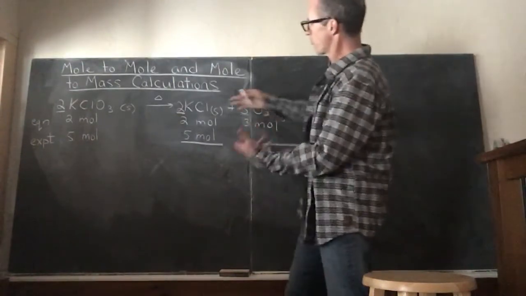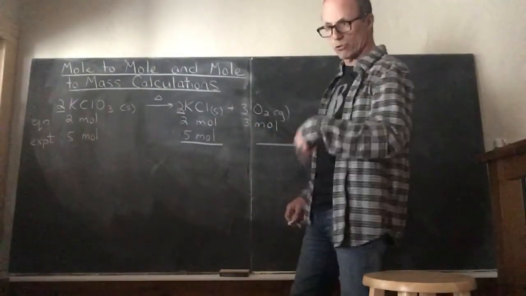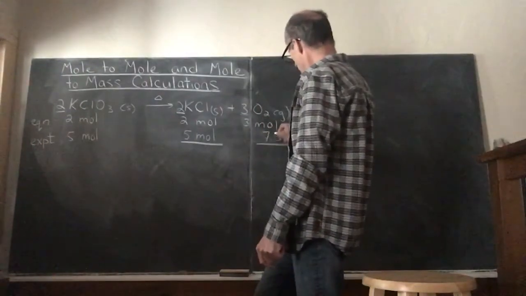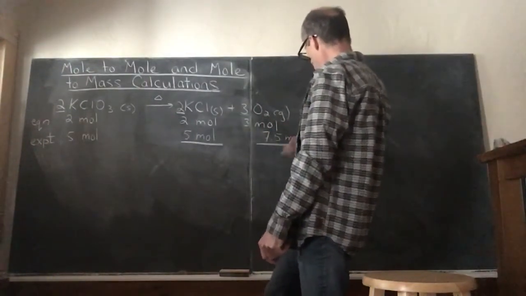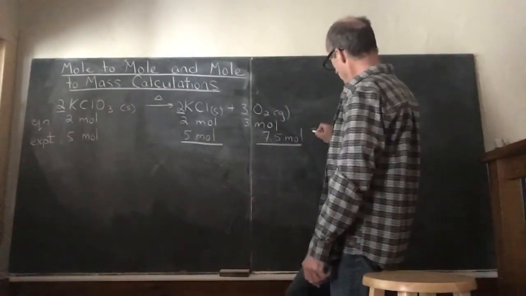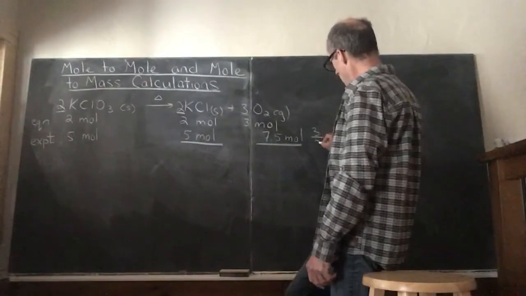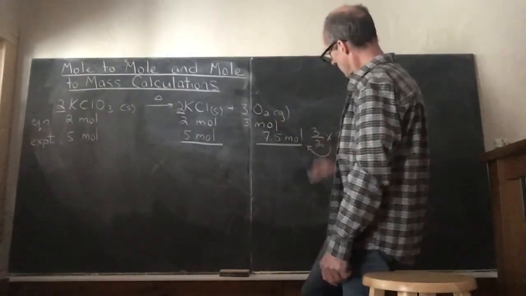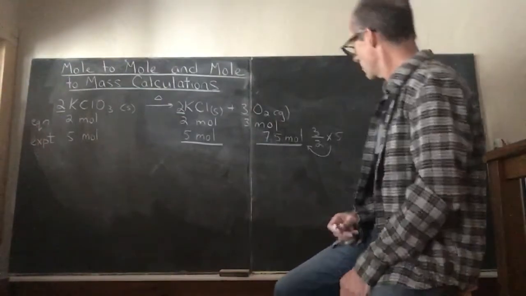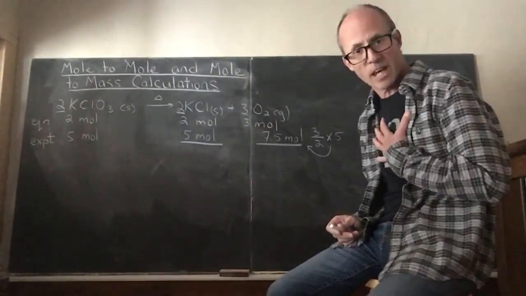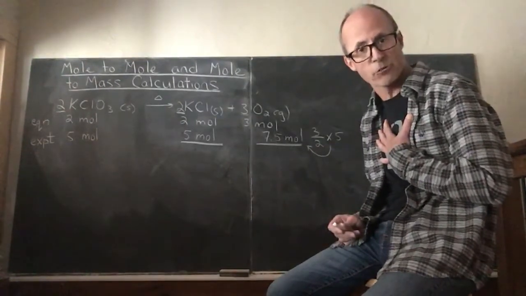Well, 3 over 2 times 5, which is 1.5 times 5, ends up being 7.5 moles. You could quickly do the math to figure this out, because 3 over 2 times 5 ends up being our answer, 7.5 moles.